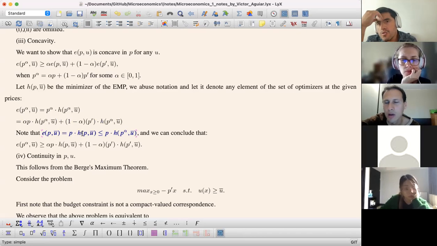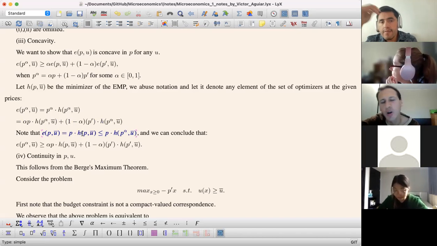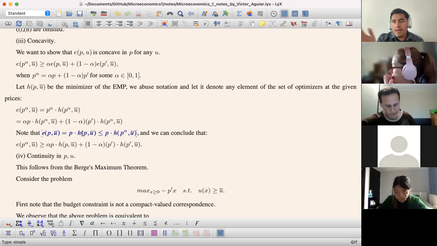Maybe your intuition is right, but for the proof it doesn't really matter. We're going to keep using that inequality because that's covering all cases. Even if your intuition is true, I don't think it would change the result.